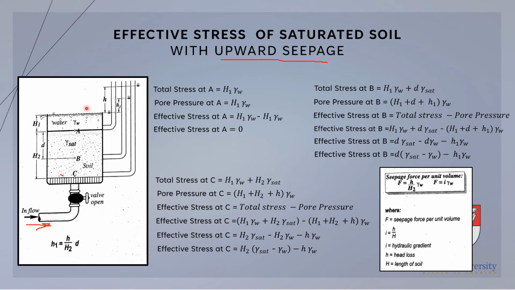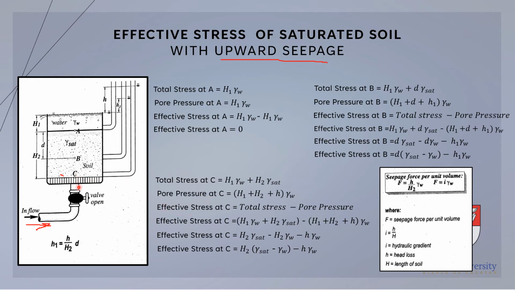Sometimes this is already given in our problem. So H basically is the height of the rise of the water column if you are going to insert a piezometer at point C. So that is the rise of the water. That is the pressure head basically times the gamma water.